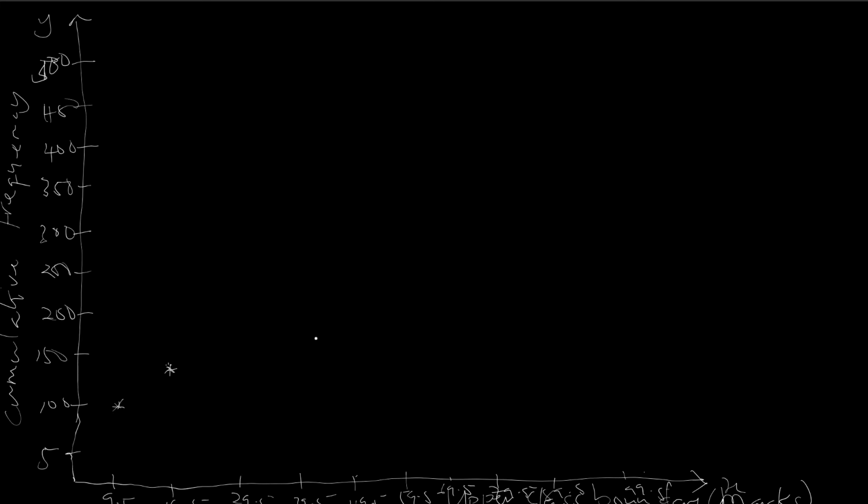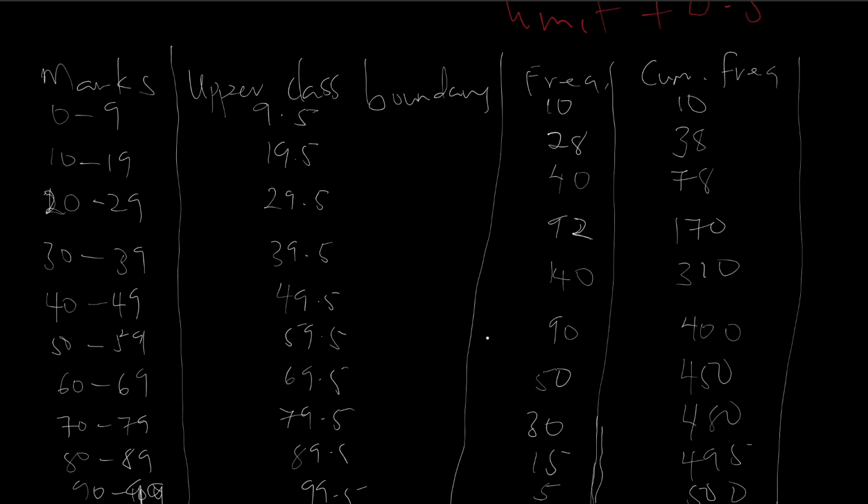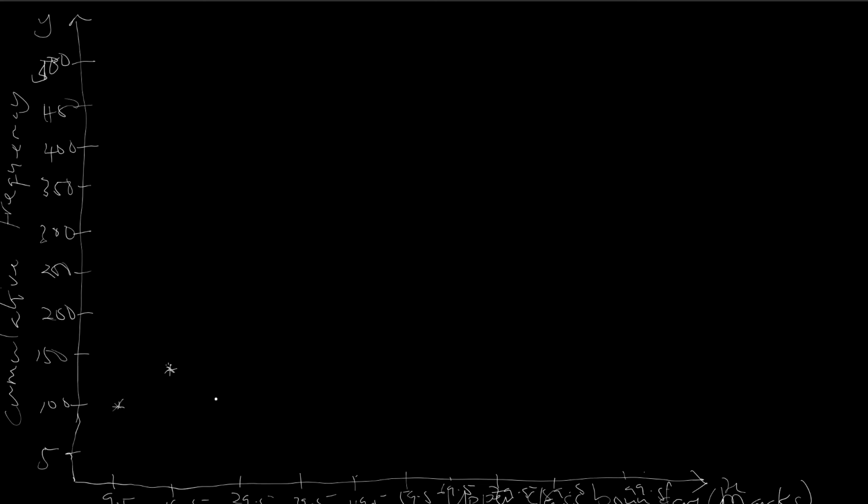So we are plotting our values for upper class boundary and cumulative frequency. For 29.5, our cumulative frequency is 78.